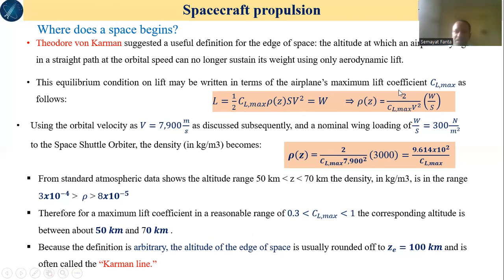From that, we can find density as a function of altitude, which gives us 2 over the maximum lift coefficient, CL max, times V squared, times the weight, meaning mass of the aircraft times gravity, over the surface area.